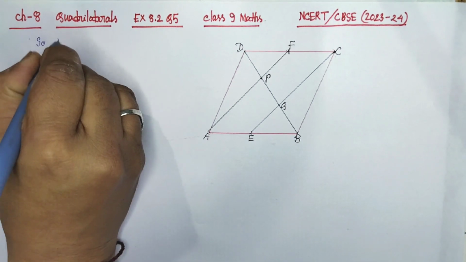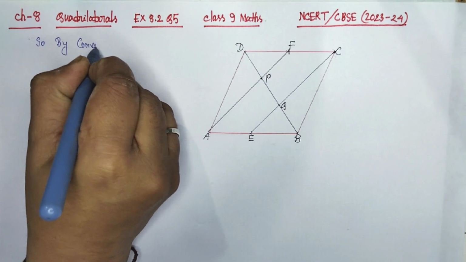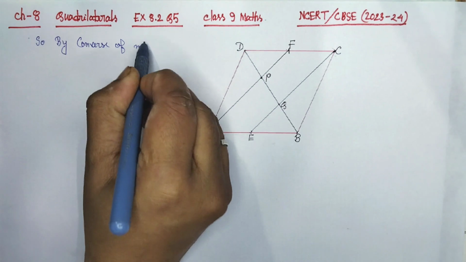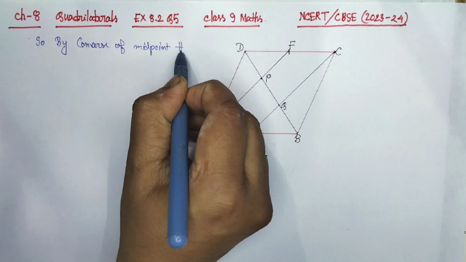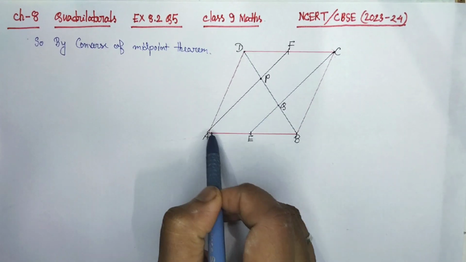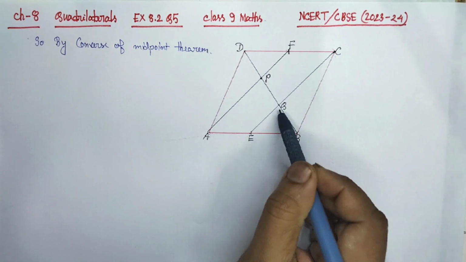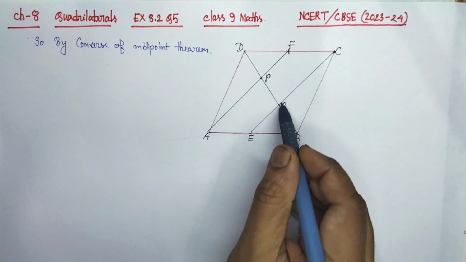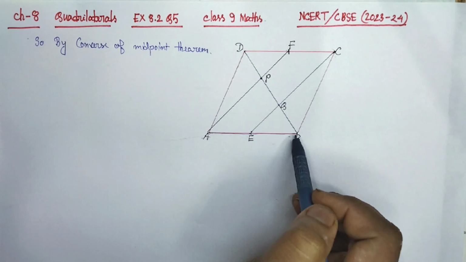So by the converse of the midpoint theorem, if a line is drawn through the midpoint of one side parallel to another side, then it will bisect the third side.